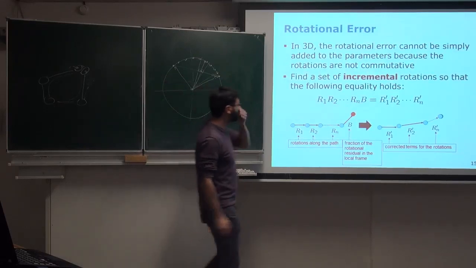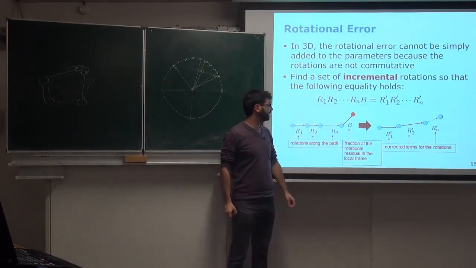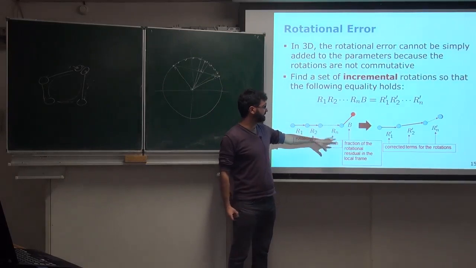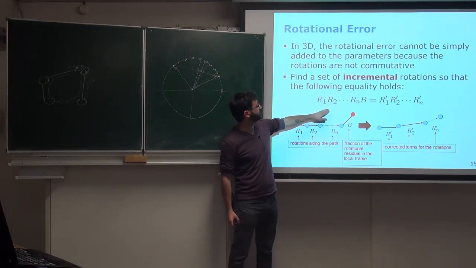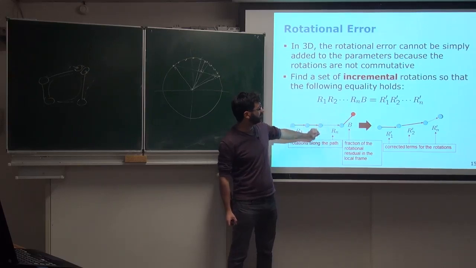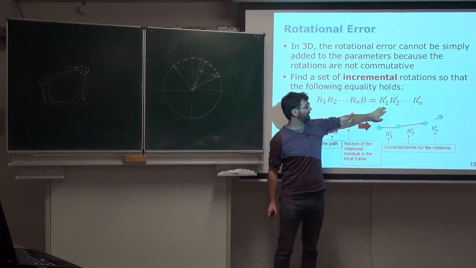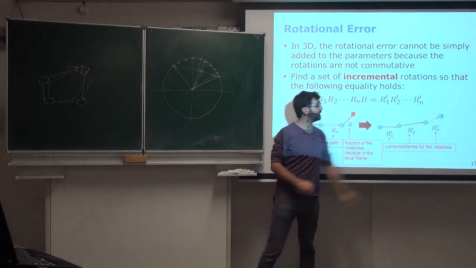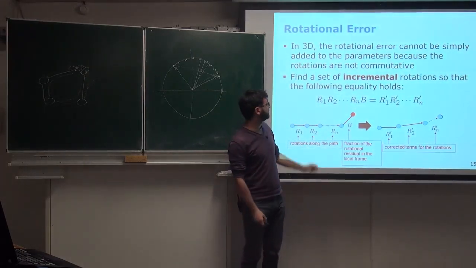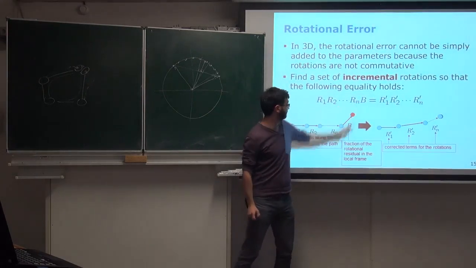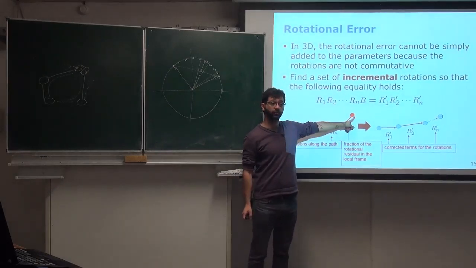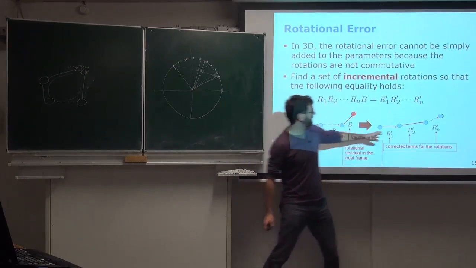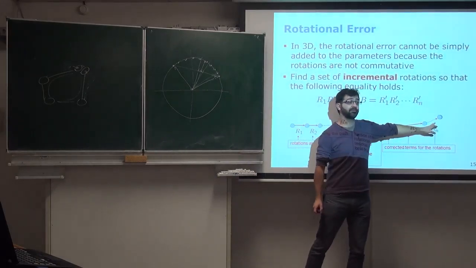How do we do the rotational error? Mathematically it's a bit complicated, but the idea here is that you want to find a set of rotational matrices, R1', R2', up to Rn', such that when you take the old one and then apply the update that you need to do, they will end up being the same at the end.